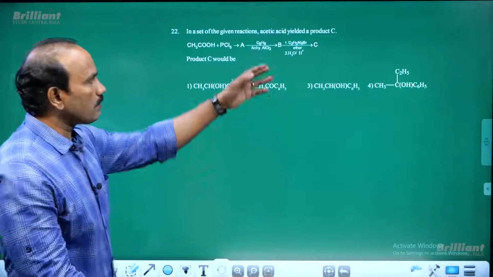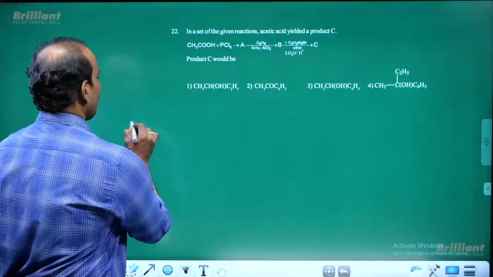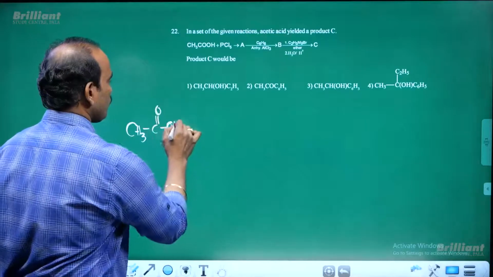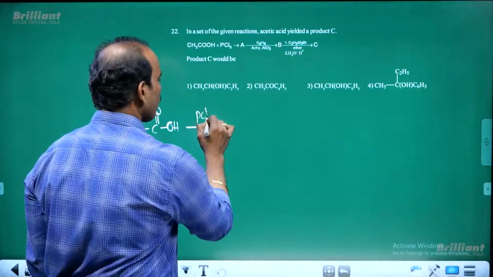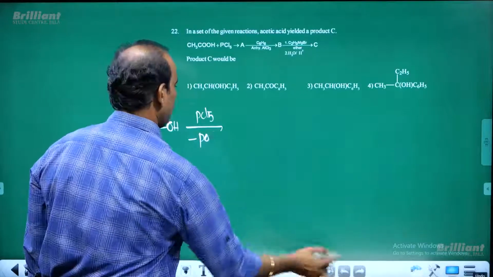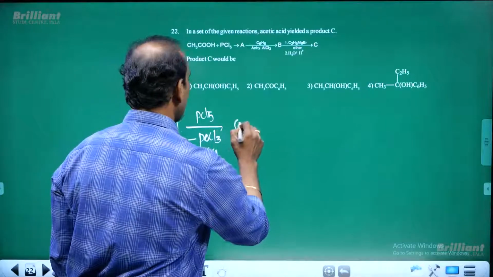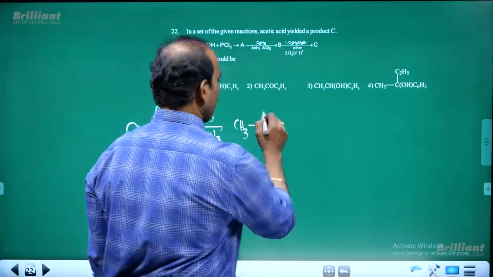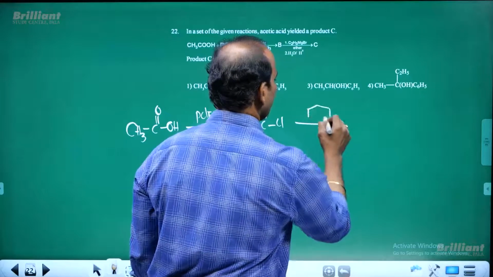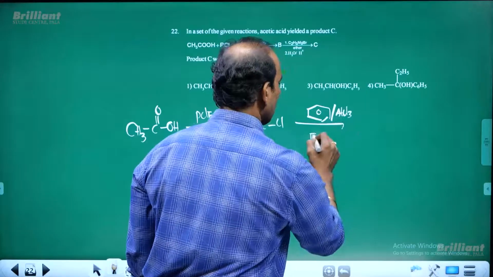Next one. Acetic acid reacts with PCl5. CH3, C double bond O, OH reacts with PCl5, then minus POCl3 plus HCl, the remaining is acid chloride. CH3COCl reacts with benzene in the presence of AlCl3, a Friedel-Crafts reaction.